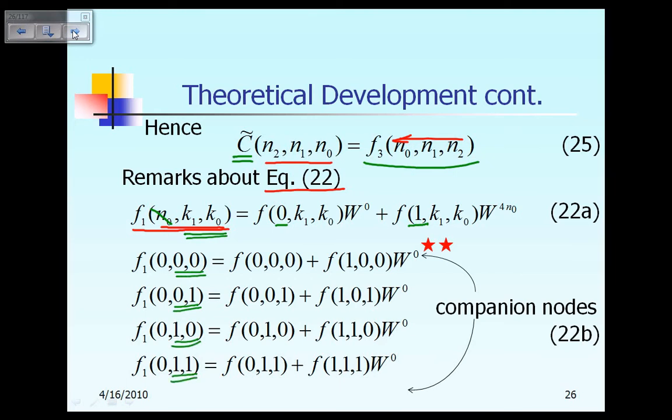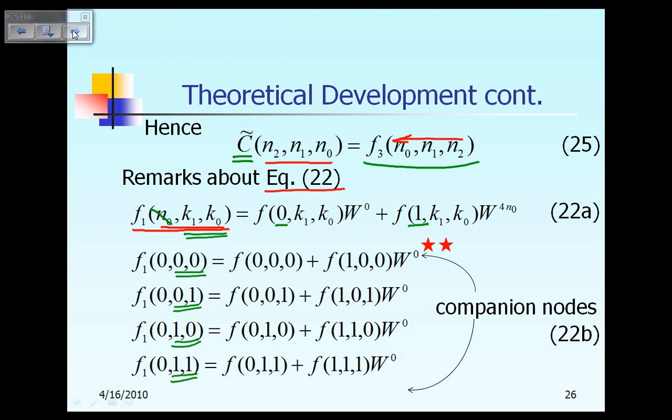So what it means is that equation 22a can be expanded in terms of 4 equations, like I show you in equation 22b. Now actually, you can expand that to be more. Notice one thing.